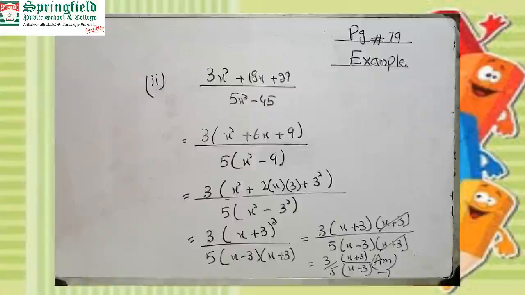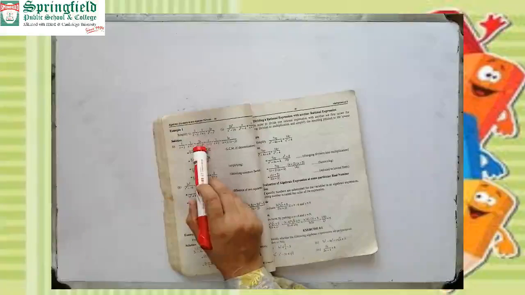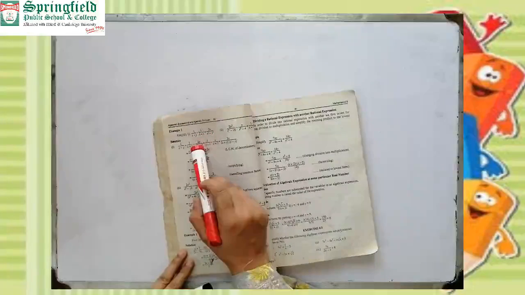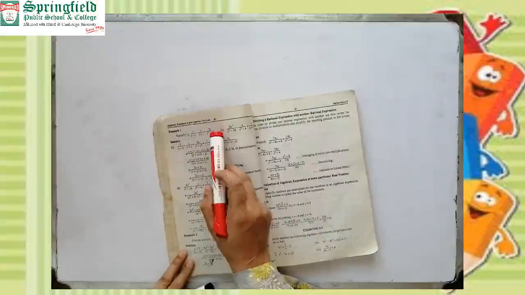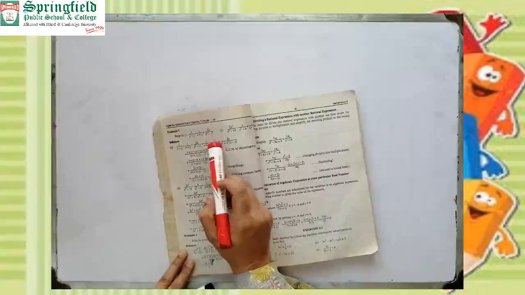Now turn the page, come on the page 80, example 1. Okay, now example 1. And example 1 is, the first part is 1 divided by x minus y minus 1 divided by x plus y and 2x divided by x square minus y square.